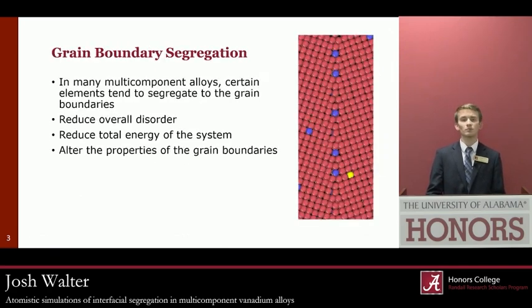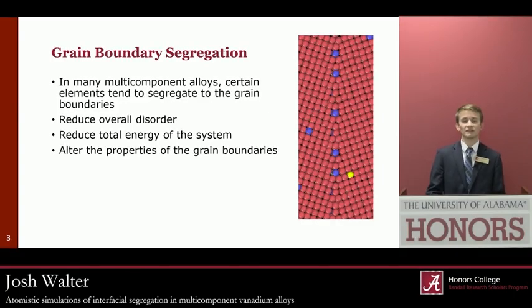So in many multi-component alloys, many alloys that are more traditional, where you have one primary element and then the alloy is doped with a little bit of another element or two, there tends to be grain boundary segregation. Certain of the doped elements tend to segregate and move to the grain boundary. They do this because these doping elements tend to be different sizes than the atoms in the bulk.